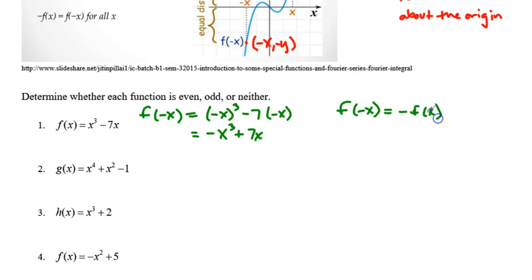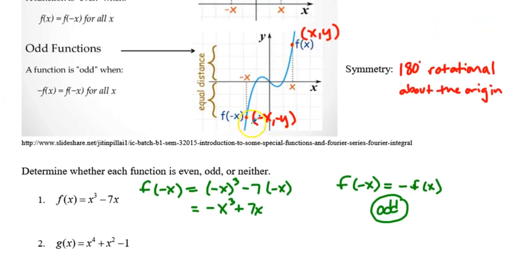Right now your head might be swimming, what are all these x's and negatives? Look at it. Are all the terms opposite from what they originally were? The x cubed became negative, the negative 7x became positive, so it's exactly opposite. So we call that odd. And if you were to graph it, you would see that it has symmetry about the origin.